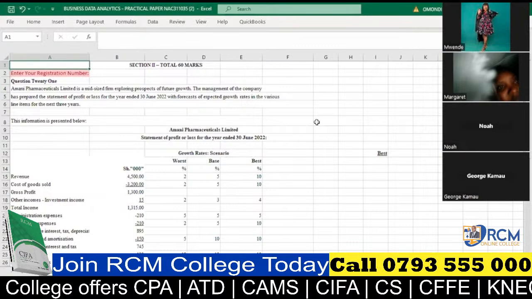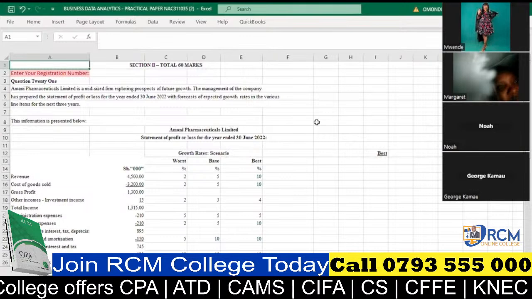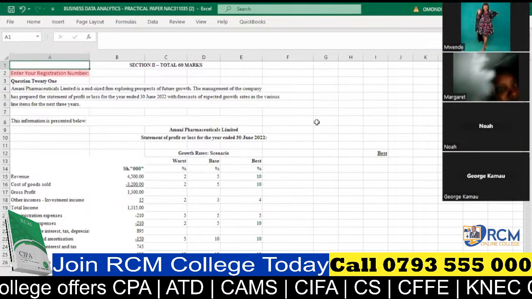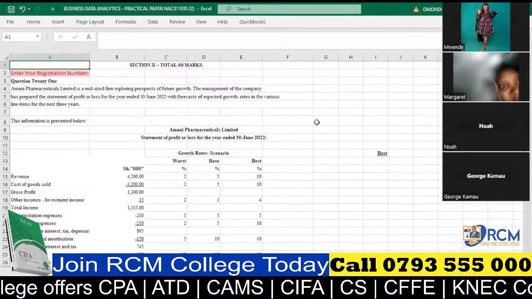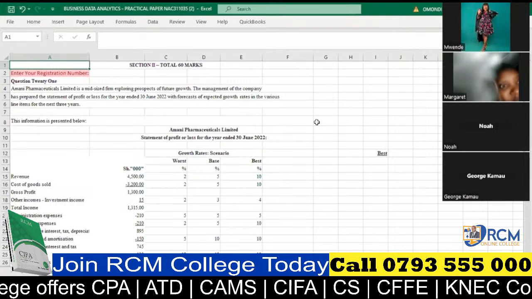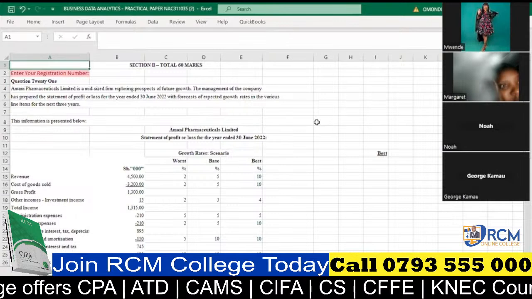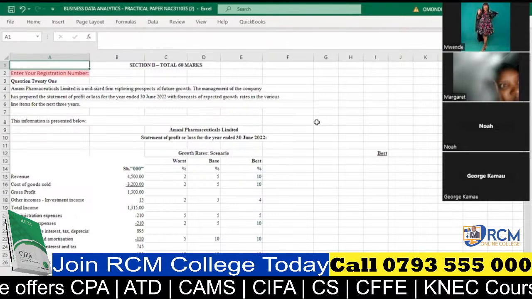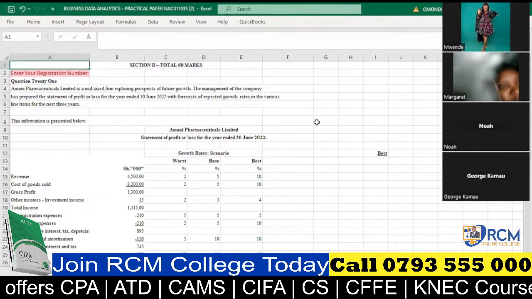Okay, let's now get to question number 8. Which one is not an array function in Microsoft Excel?